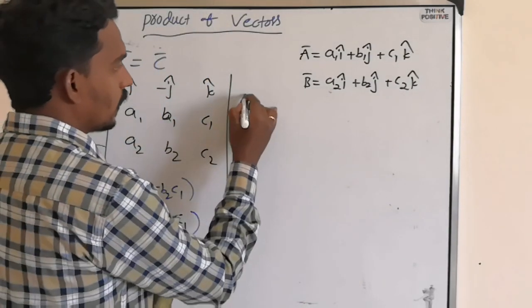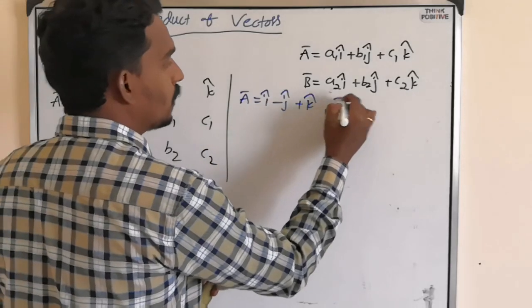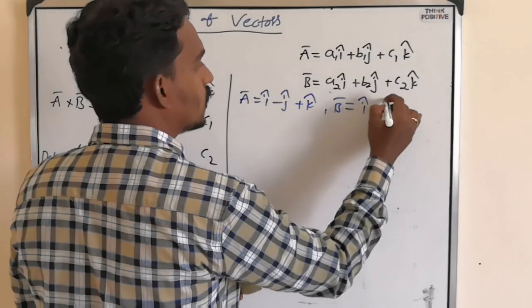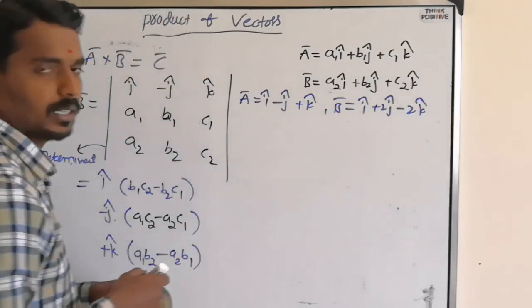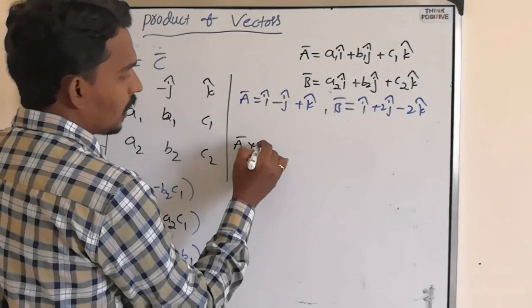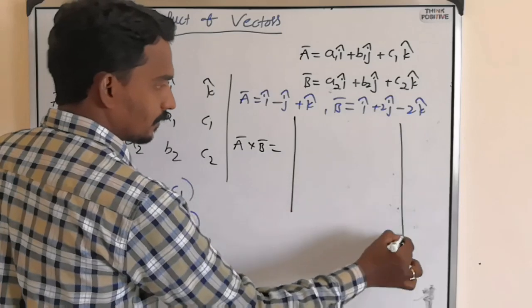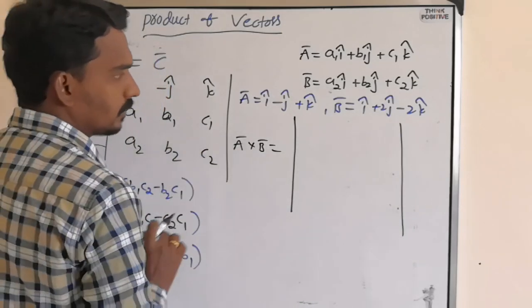Suppose a bar is i minus j plus k cap, and b bar is i plus 2j minus 2k cap. Let's take a bar cross b bar. You will take the determinant.